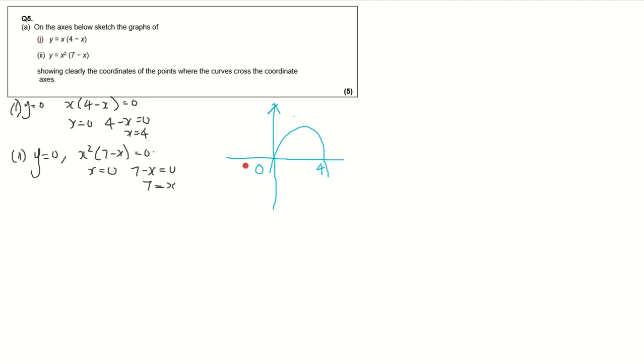Since a is negative, it doesn't start from the bottom, it starts from the top. It goes like that, with the repeated root at 0, and then it cuts the x-axis at x equals 7. So that's your first question, A, part 1 and part 2.